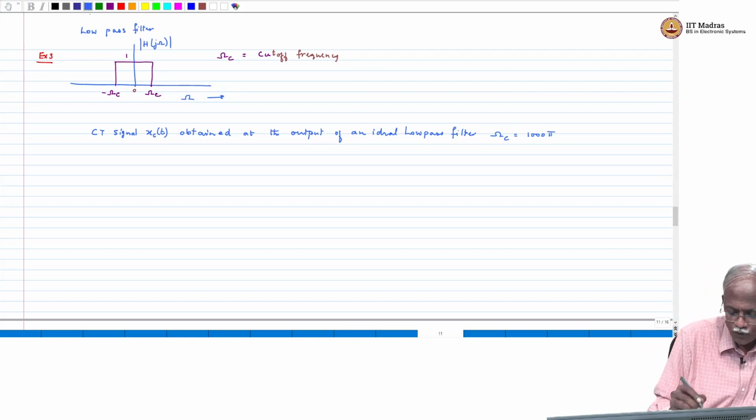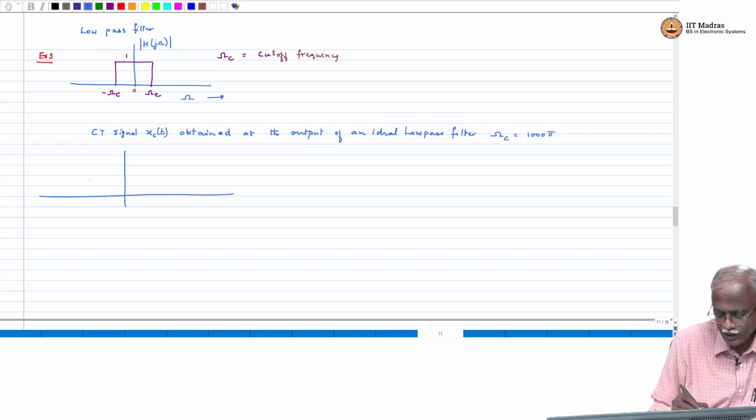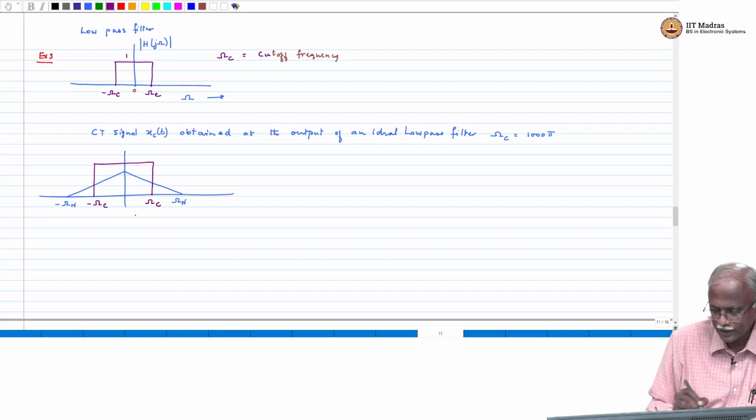Just for you to visualize, you can think of the original signal as having some frequency content from minus omega n to omega n. When it passed through the low pass filter, what was retained was only from minus omega c to omega c.